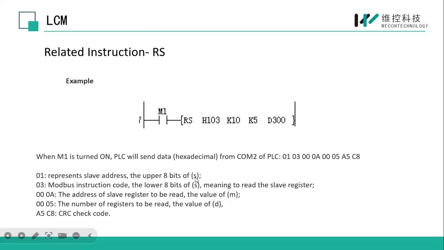And the K5 here means the number of registers we want to read.